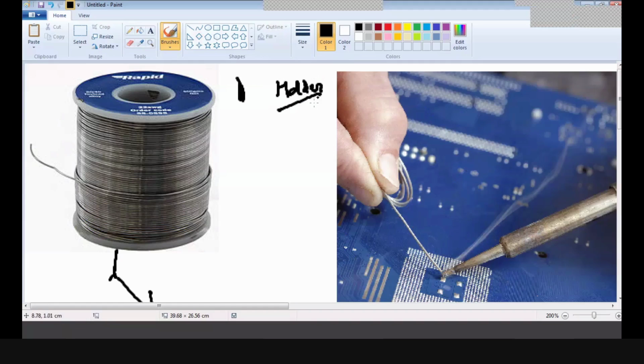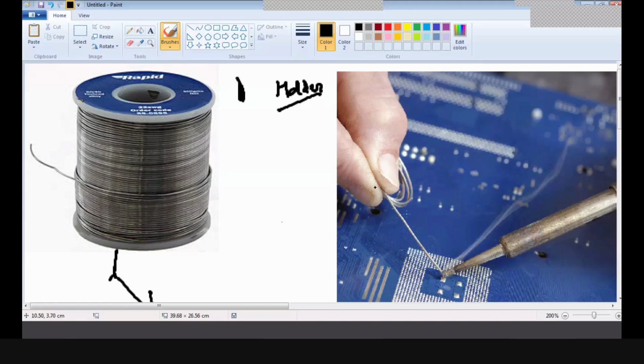If you keep this soldering iron on any other surface, it will burn it. So keep it in the holder only, and when you are not using this iron, switch off the supply.